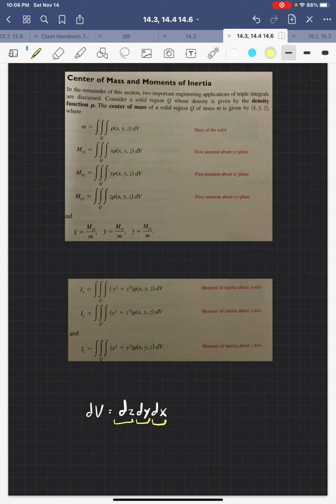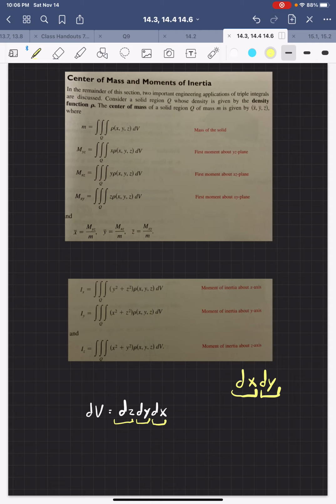Since I've spent a lot of time in 14.2 helping you set up bounds, helping you determine the easiest order of integration when we had double integrals, I'm not going to spend a lot of time switching bounds.